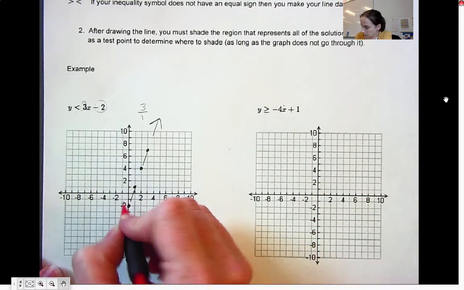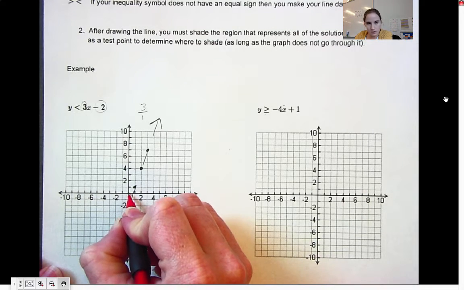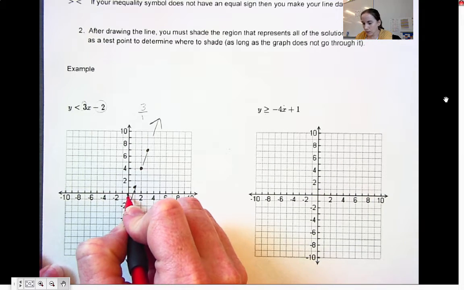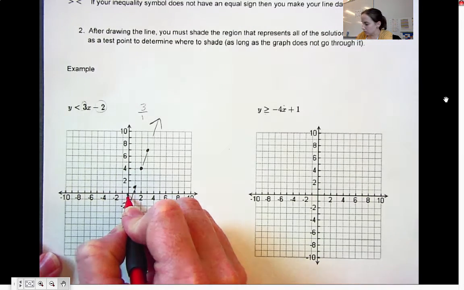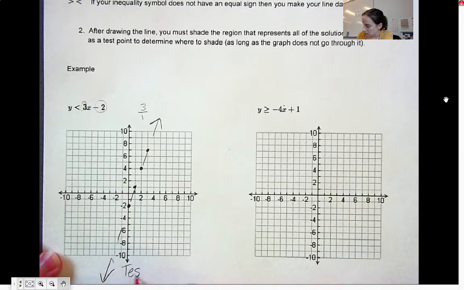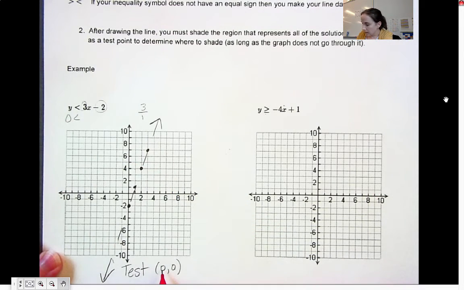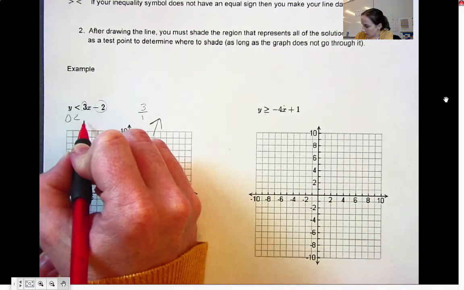Well, 0, 0 is not part of my line here, so I can use it. So I'm going to test 0, 0. I'll plug in 0 for y here, and then plug in x of 0 when you see an x.